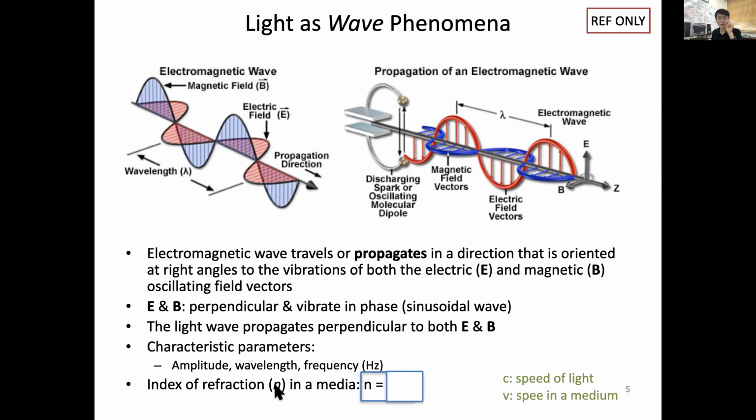That's the ratio between these speeds. So if the velocity is the same as c, the index is 1. So most likely in air, the refractive index is 1. But for example, water, it's 1.33. That means the speed of light in vacuum is 1.33 times faster than the speed of light inside water or another medium.